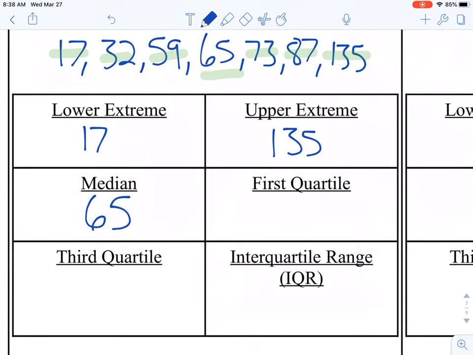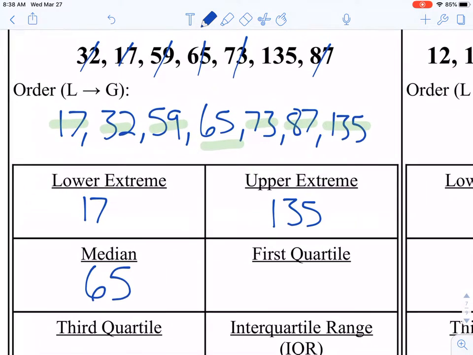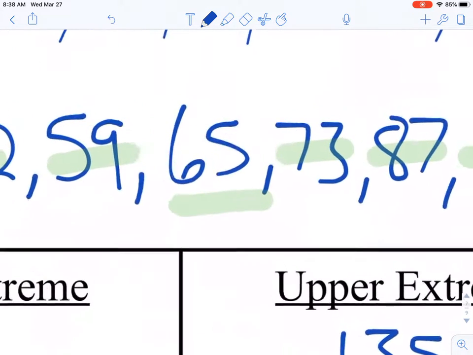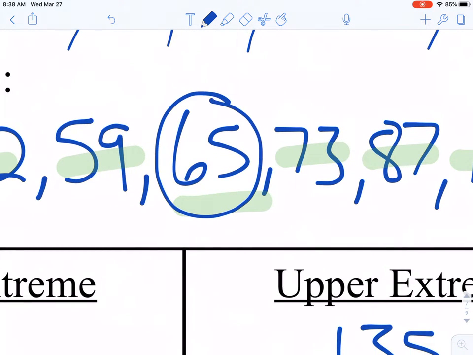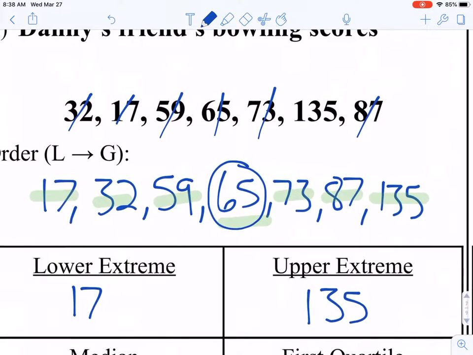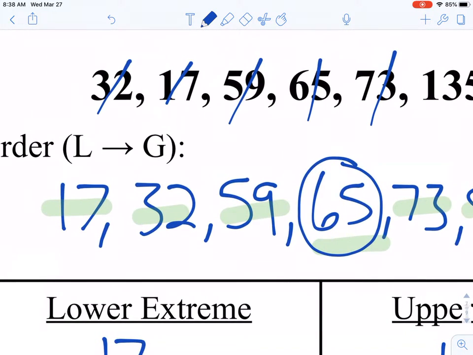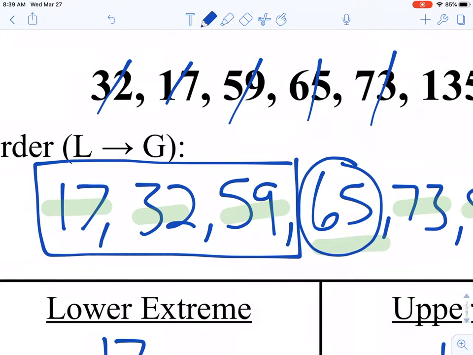Then when we go to look at our first quartile and our third quartile, the key here is we've used our median. Our median is 65. So when we look at our lower half of the data, we're only focused on the numbers below the median. We don't need the median.